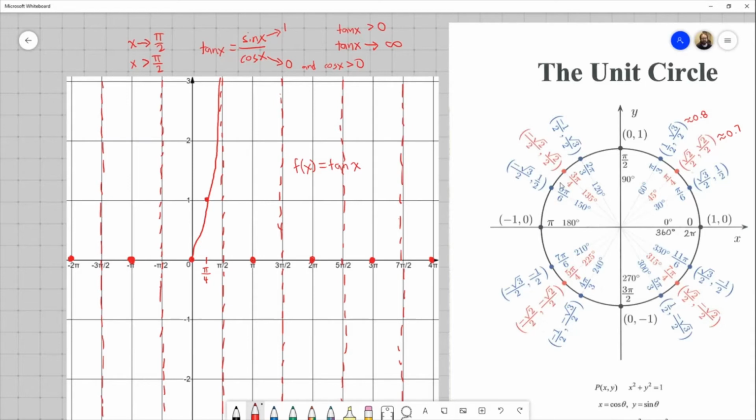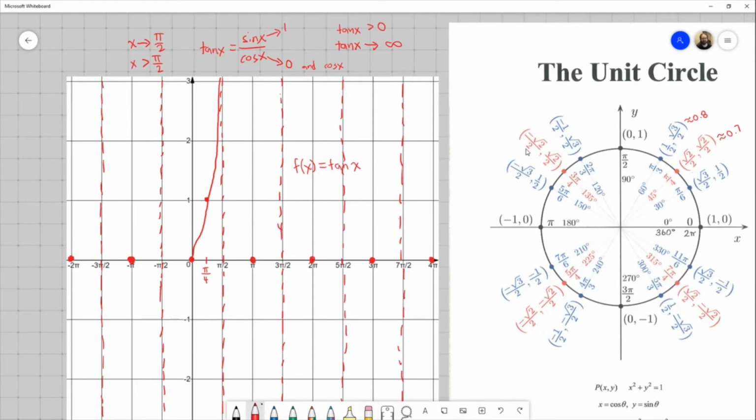Now, as I get closer and closer to pi over 2 in this quadrant on the unit circle, my x values, or cosine, still get close to 0, and sine still gets close to 1, so that still holds. But now all of the x coordinates of those points are negative. So that changes.